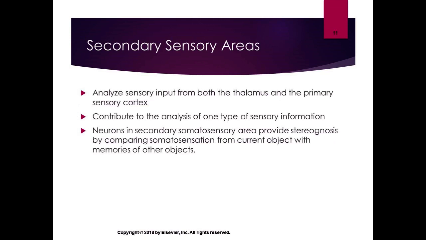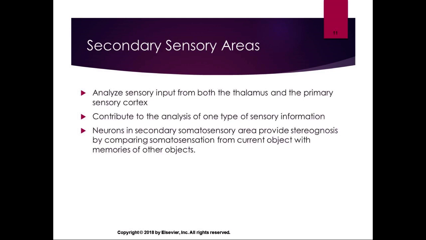The secondary sensory areas are analyzing sensory input both from the thalamus and from the primary sensory cortex. So there are different areas in the secondary sensory areas that contribute to the analysis of one type of sensory information.